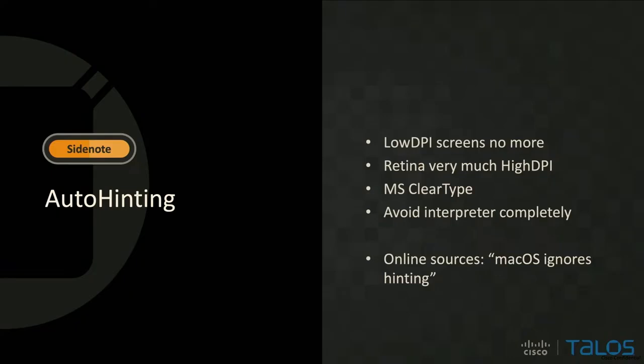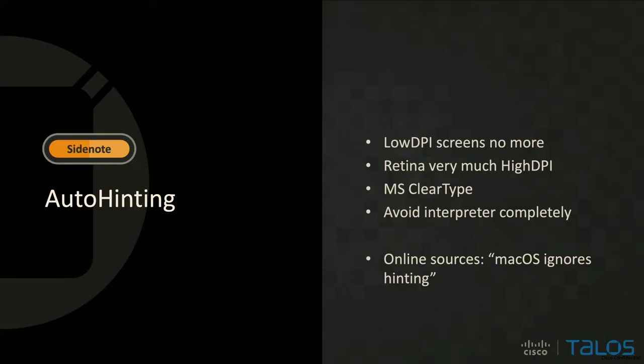And the hardware is more powerful, so the OS can do much heavier analysis on how to render the fonts. So it does run some heuristics to display fonts rather than using the interpreter. It can do better than the font itself can. And this is called auto-hinting.